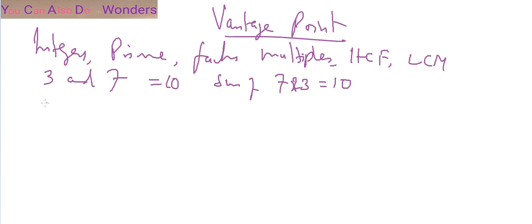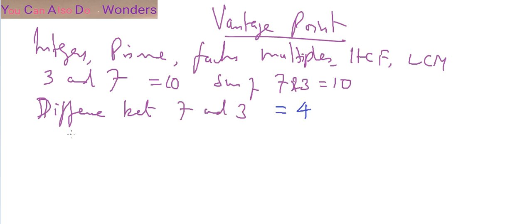What about difference? What is the difference of 7 and 3? It is 7 minus 3, which is 4.